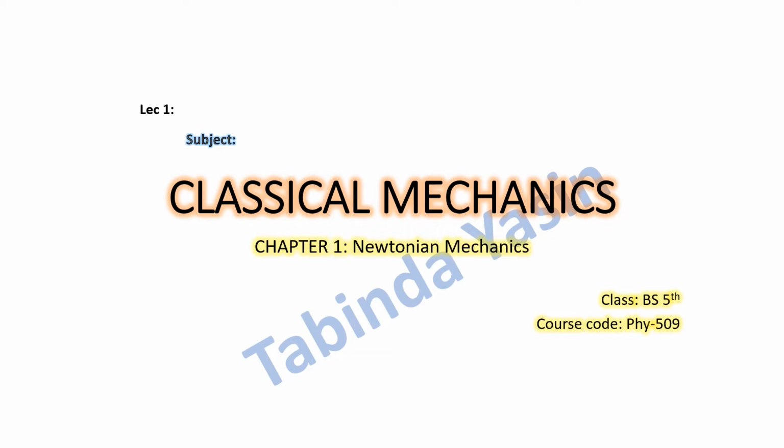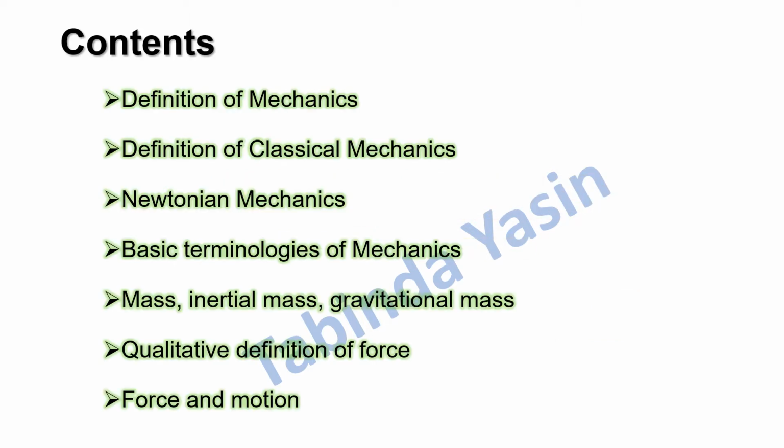Now we will discuss further. Here are some contents for the chapter we are going to start in our course. First of all, we have to discuss the definition of mechanics and understand the terminologies of mechanics, how mechanics evolved and from where its concept appeared.